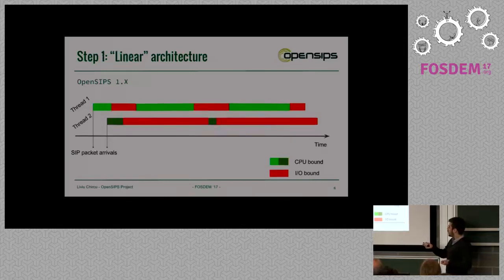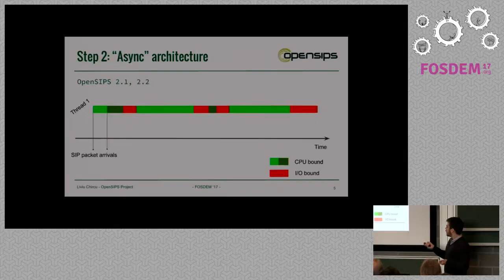So the message processing is entirely dominated, or mostly dominated, by green now. This is basically what the first releases in the 2 series were all about. And we eventually felt that even this is not capable of solving all the issues with various scenarios.